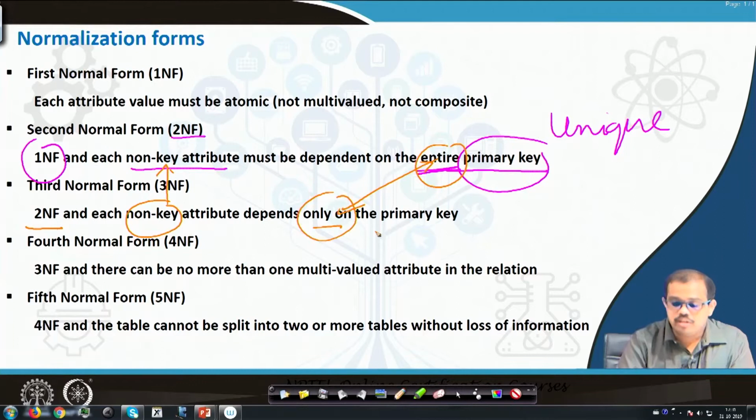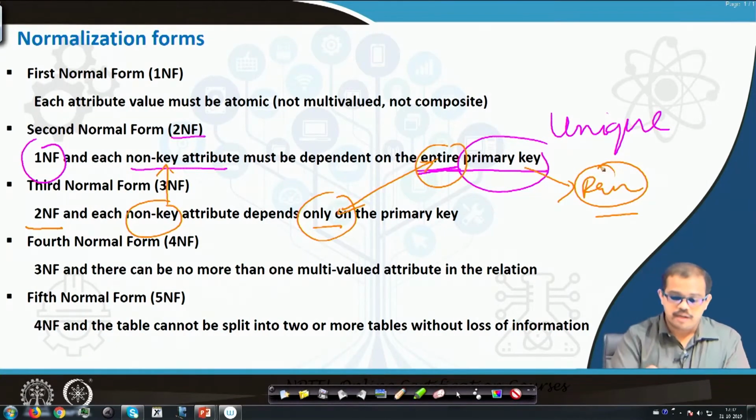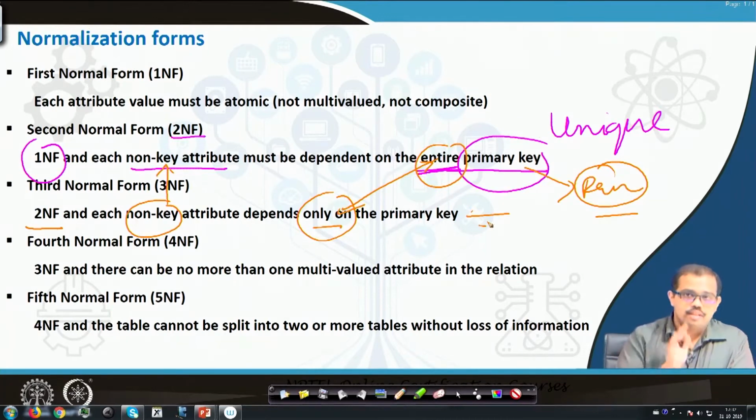In the second normal form it can even depend on the primary key plus any other key, but it has to be entirely dependent on the primary key for its retrieval. But in the third normal form, it has to be dependent on the primary key only. Without dependency on the primary key, it cannot get into the third normal form. Okay, so this is about the third normal form.